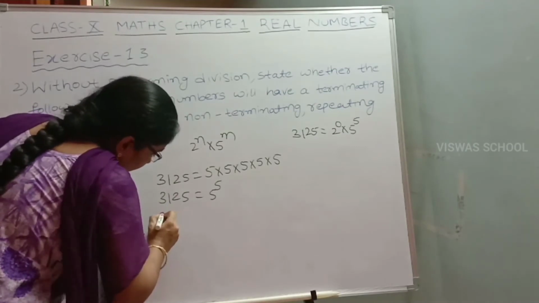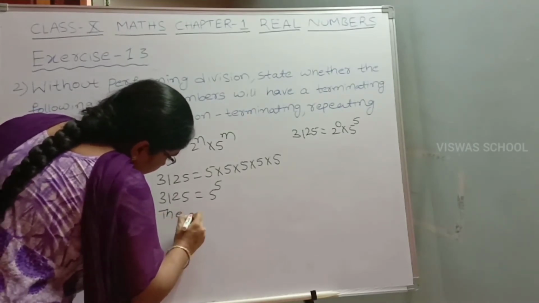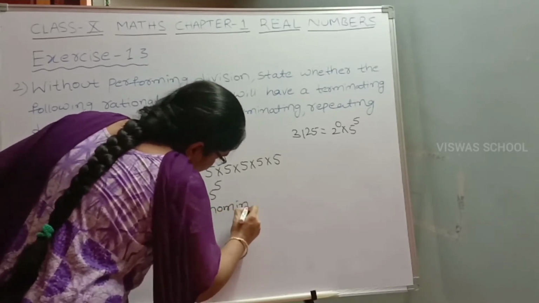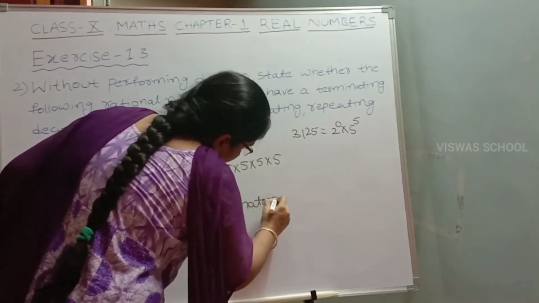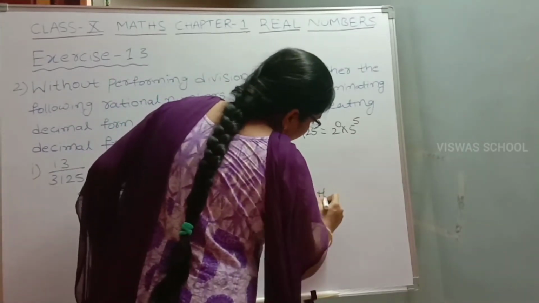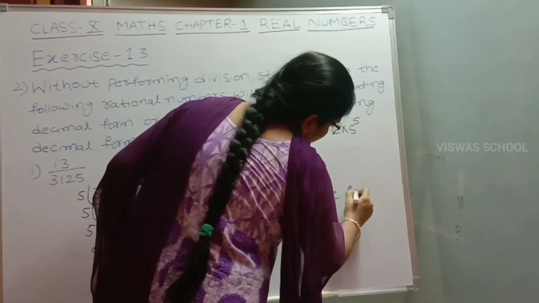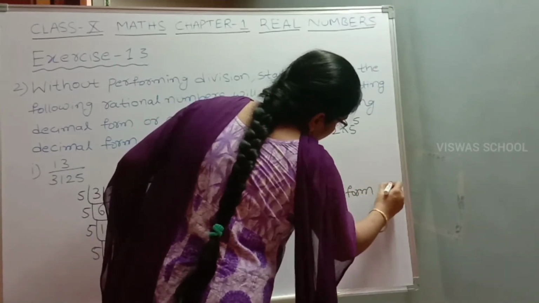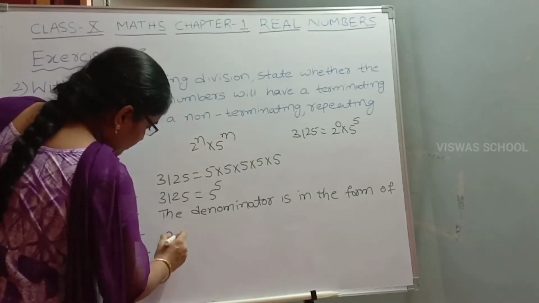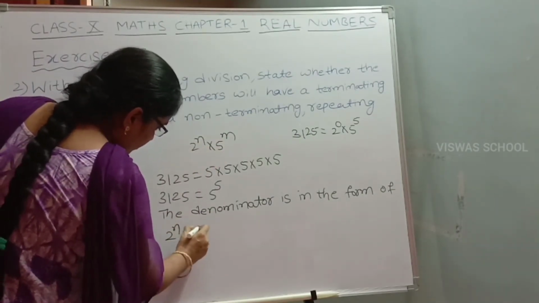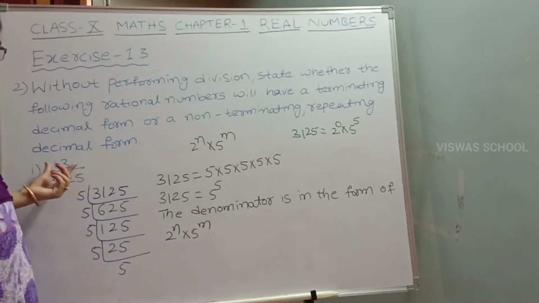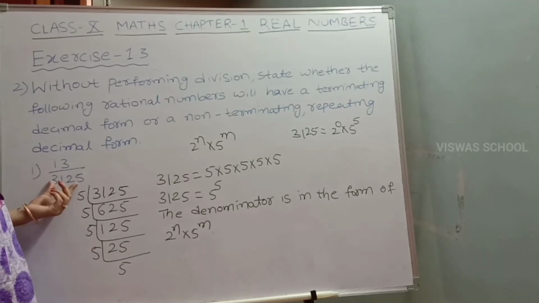That's why write here, the denominator is in the form of 2 power n into 5 power m. Therefore, the given one is 13 by 3125.